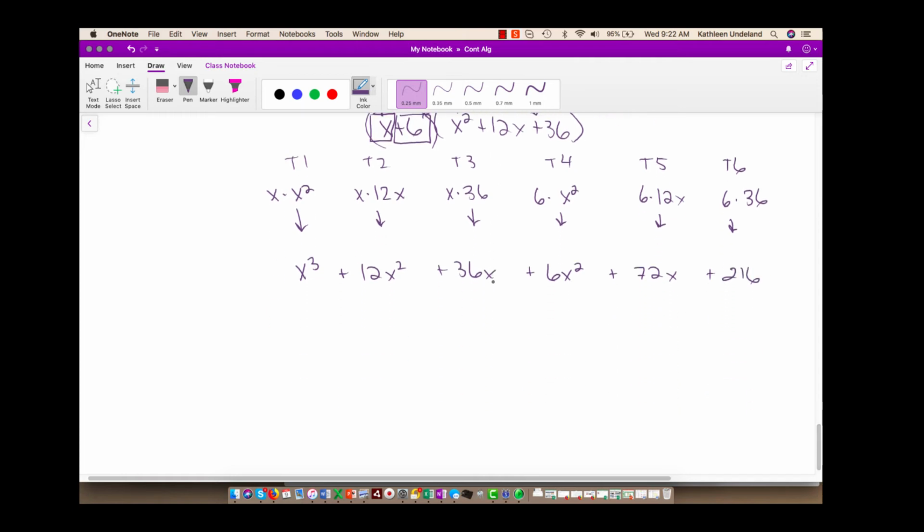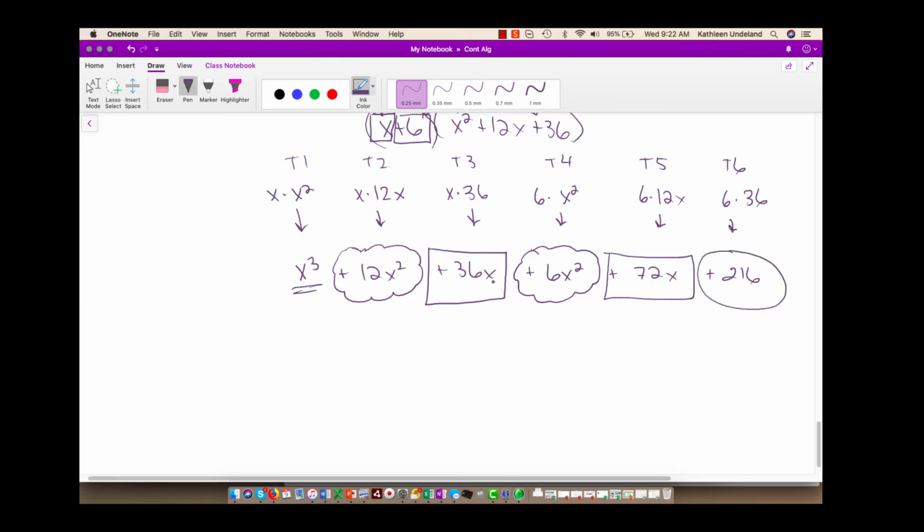All right, let's combine like terms. So I'm going to use my cloud that I've used in the past to do my x squared terms. I'll use a rectangle for my x terms. I'll underline and circle. There we go. So I've only got one x cubed. For x squareds, I've got positive 12 and 6 more for a total of positive 18 of those x squareds.